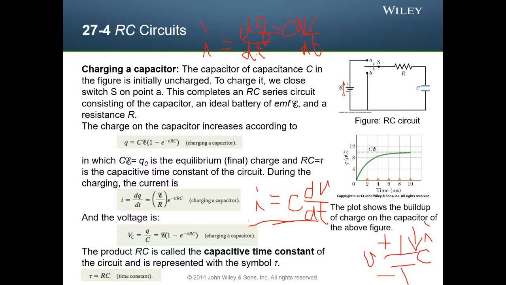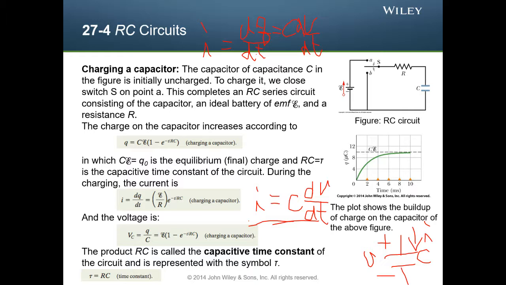So you have I equals C dV/dt, and so you have V, this part. So I will be this. So you write the loop equation, or the mesh equation.